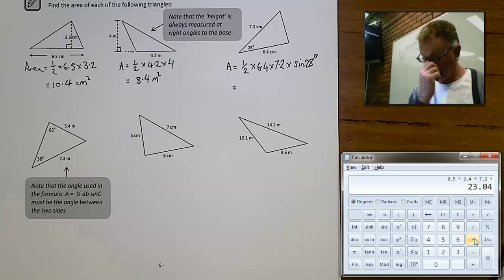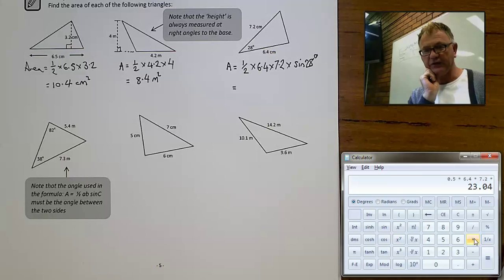Times, now we have to be a little bit careful here. Different calculators operate in different ways, and you'll need to check how your calculator works. Sometimes when you want to do the sine of 28, you'll put in 28 and then press the sine button. Sometimes you'll just put in sine 28 as it occurs. It depends on exactly how your calculator works.